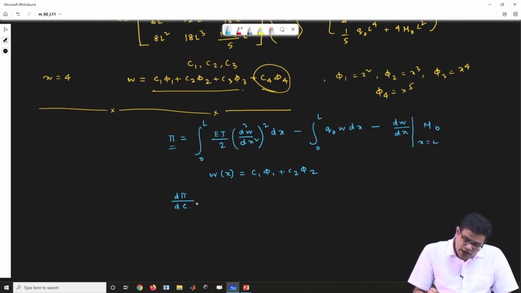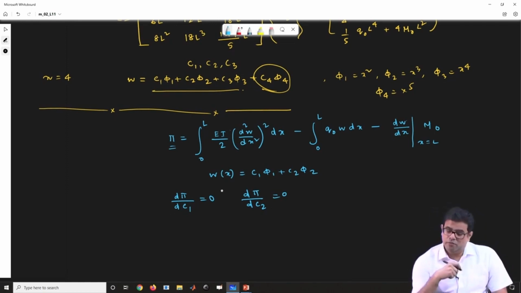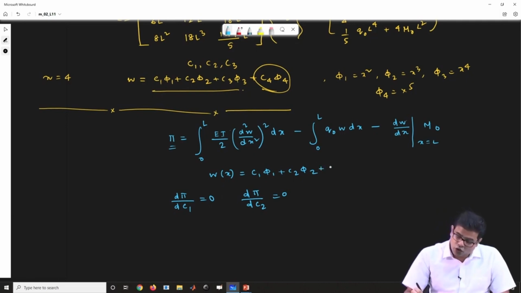So del pi by del C1 has to be 0, and del pi by del C2 has to be 0. If I do that, then I will also get the same coefficients that we obtained here. But obviously the choice has to be in this form.